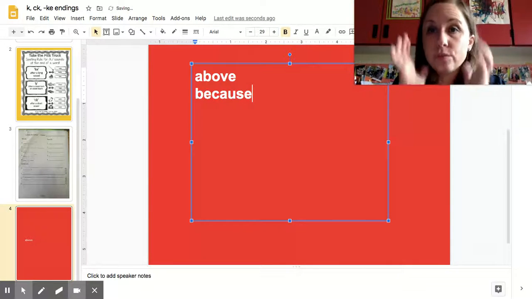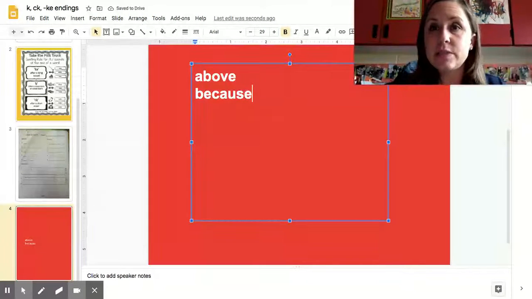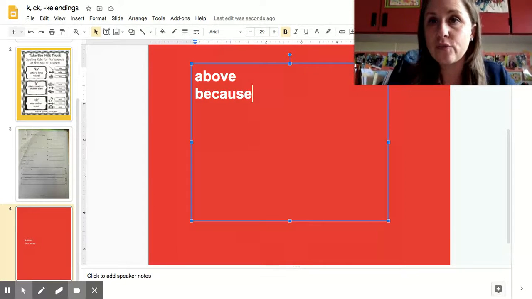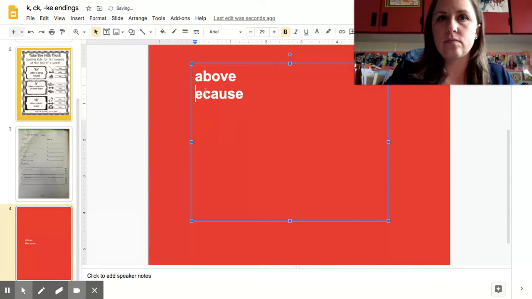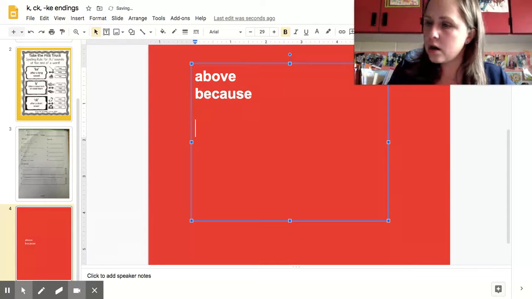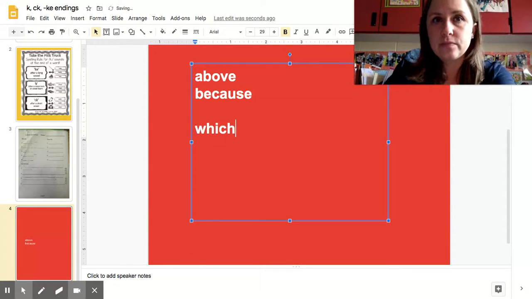These are words that you need to learn to spell as a second grade skill, okay? And then the new words this week are which, not like a Halloween witch, like which way are you going?